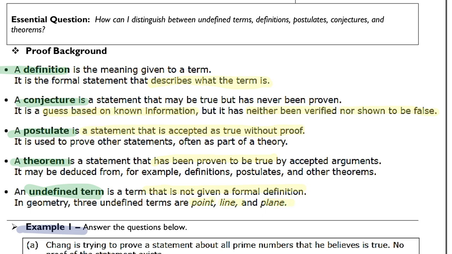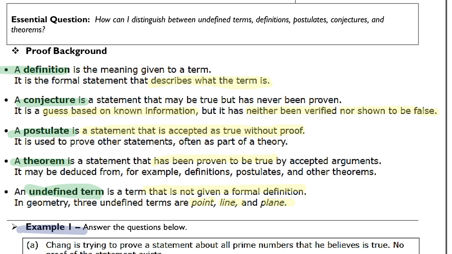Undefined terms are just the basic concepts understood intuitively without any definition. There's nothing else we can use to represent those terms because they're the very basic concepts.